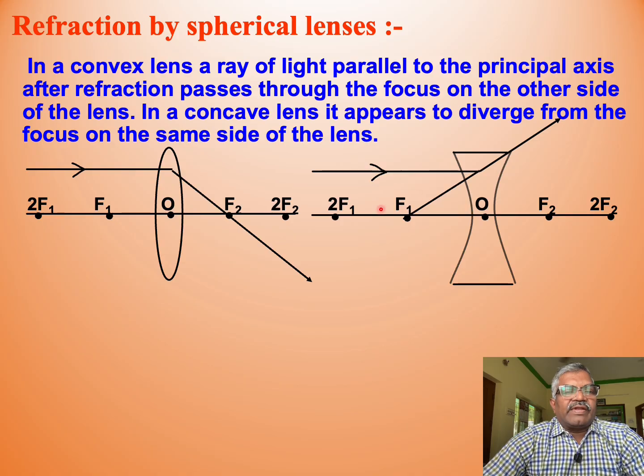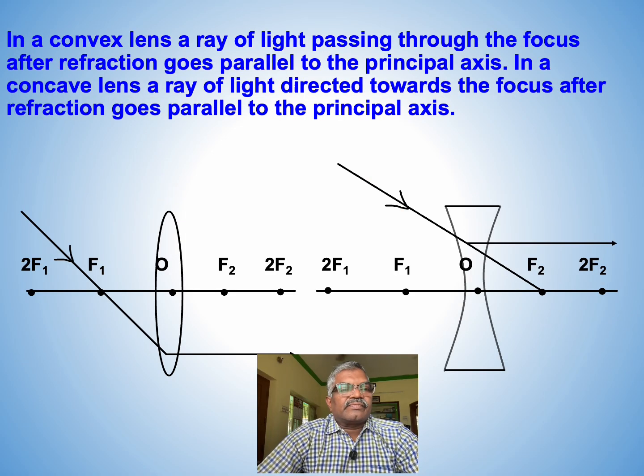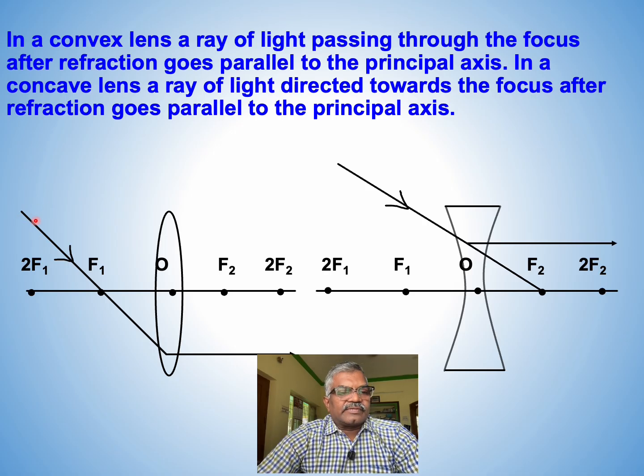In a concave lens, the ray parallel to the principal axis appears to diverge from the focus on the same side of the lens. And in a convex lens, a ray of light passing through the focus, see the pointer, after refraction goes parallel to the principal axis.